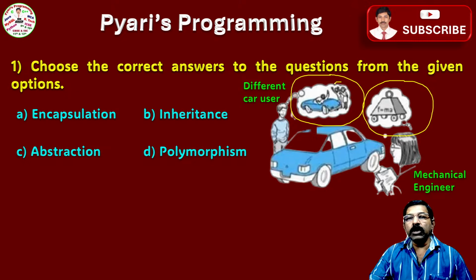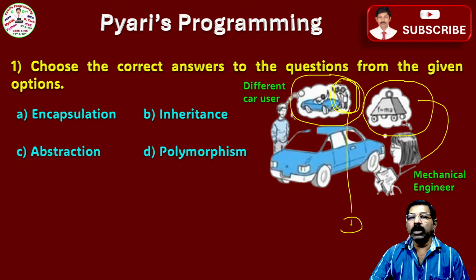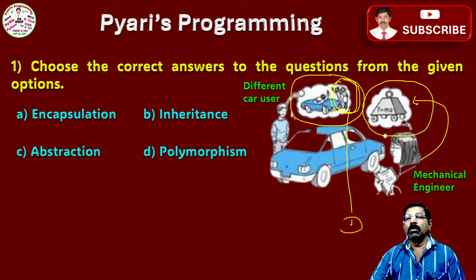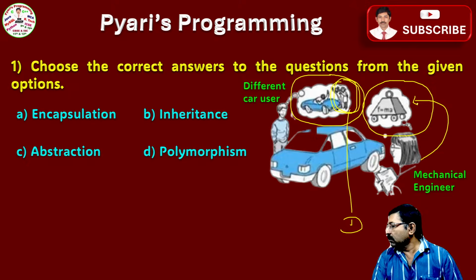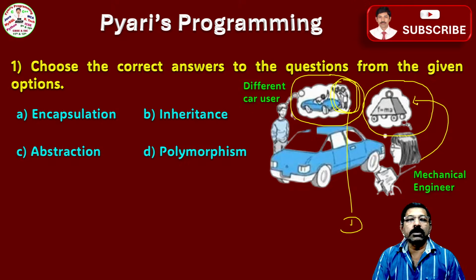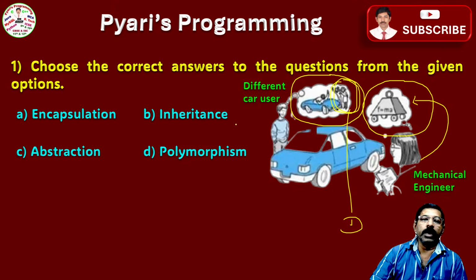can you tell me, different users are using this, so can we call this a data member? And the mechanical engineer is dealing with this mechanism, how it is working, how it is inheritance. Obviously there is nothing called inheritance over here. Is it clear? It is nowhere related to inheritance, and it is nowhere related to polymorphism.